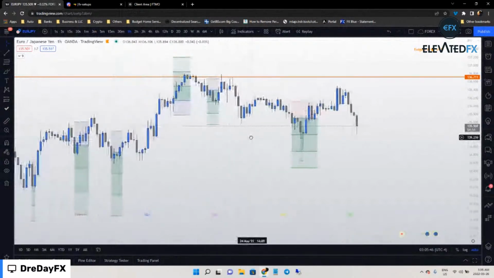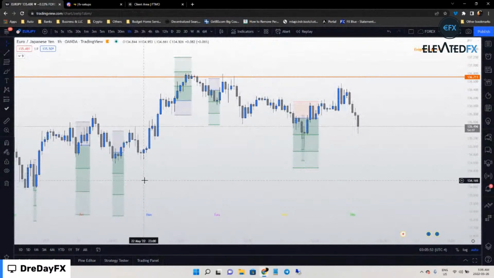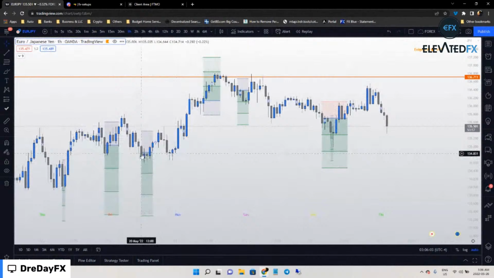And as you can see, you're going to see the layout of the Enigma system here with the days of the week. So as you can see, we have Monday and we have until today, right? So Monday started right here.